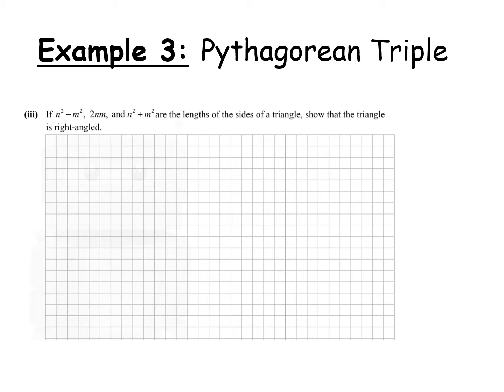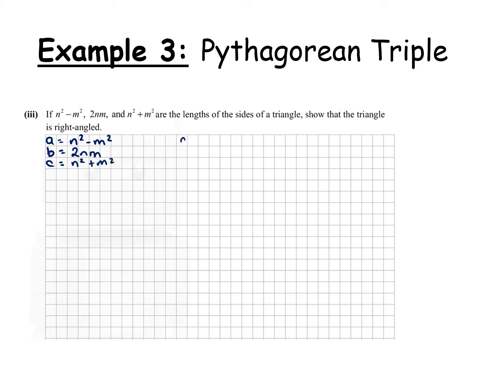So by subbing in, we only prove it's true for one value. If they want us to prove it true in general, we cannot sub in, and this is more an algebra piece than anything. So we have a is equal to n squared minus m squared. We have b is equal to 2nm. And we have c, which was equal to n squared plus m squared.